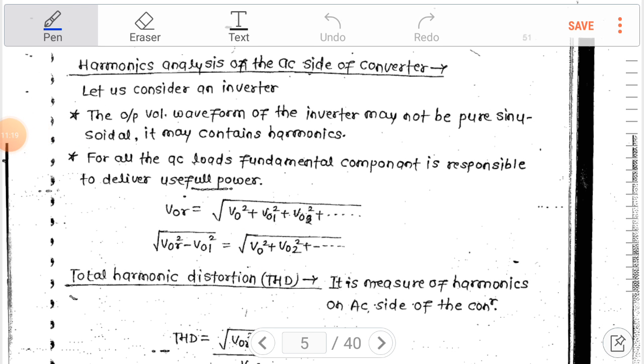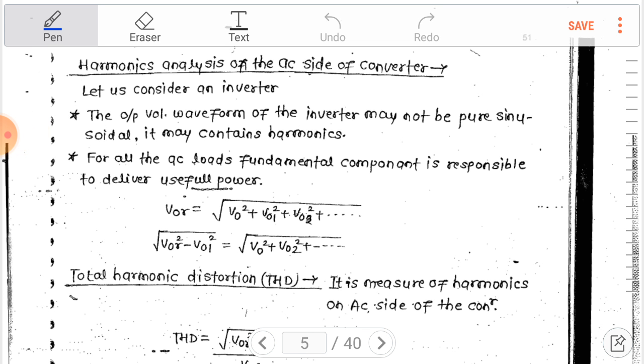Harmonic analysis on the AC side of the converter. For the AC side we have to go back to the inverter section, in which we are using a pure DC and we get the AC magnitude, which is not sinusoidal, it is a stepped magnitude.